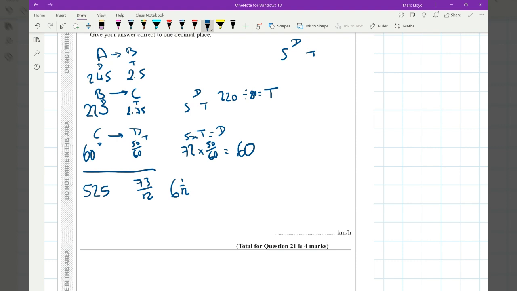Right, to work out the average speed, distance over time, we're going to do the distance, 525, divided by 73 over 12. And that will give me my final answer: 86.30136986. It wants it to one decimal place, so it's 86.3. Done.